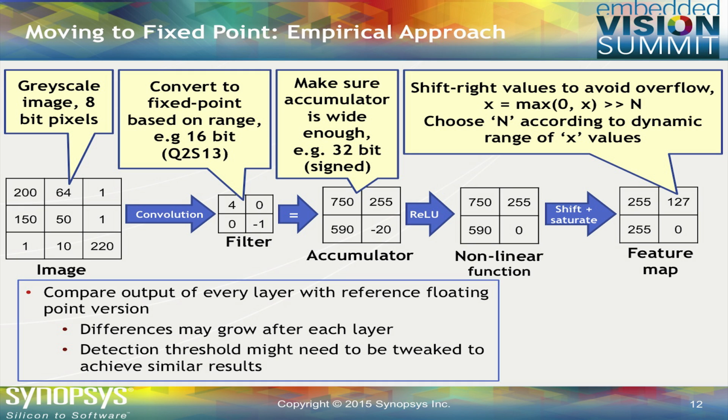So by applying some well-chosen value for n here to shift the output of your nonlinear function, and also applying a little bit of saturation when you have only a few numbers that are too high, we can keep the precision to a 16-bit fixed point implementation, and we basically see only a fraction of a % change in the detection rate by doing those changes.